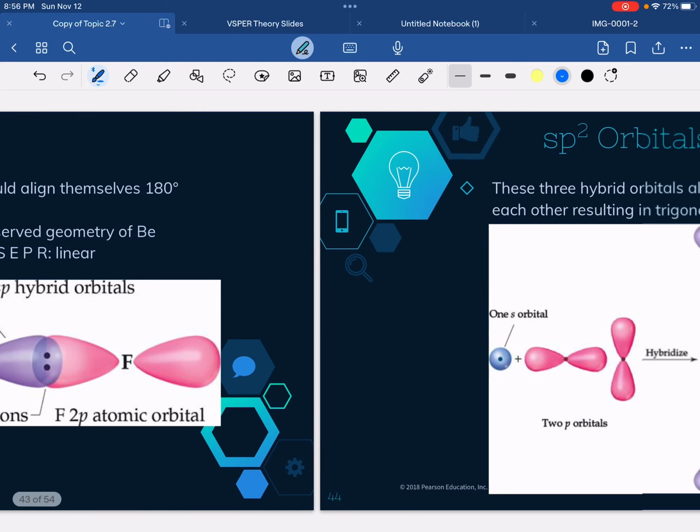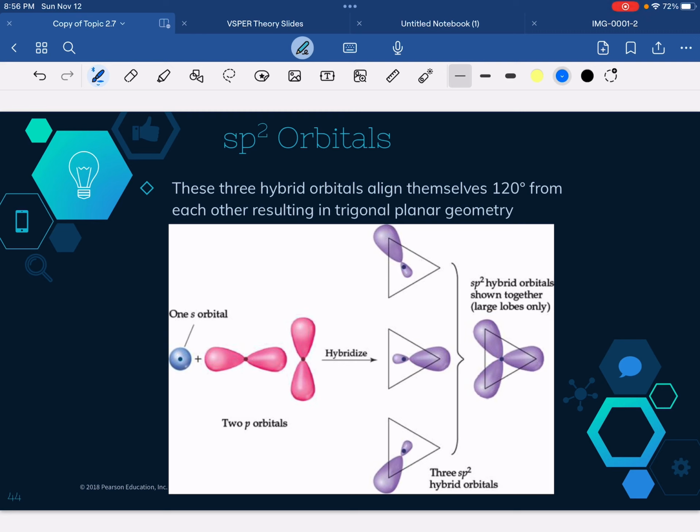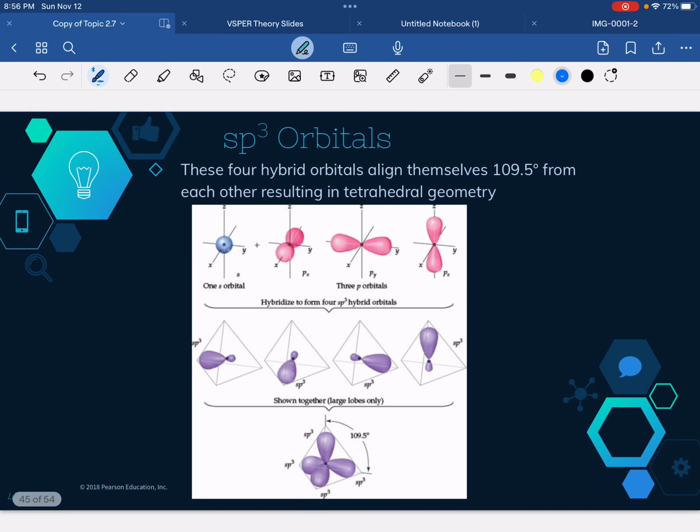sp2, these are three hybrid orbitals that align themselves at 120 degrees from each other, resulting in trigonal planar geometry. sp3 is four hybrid orbitals that align themselves 109.5 degrees away from each other, and it makes a tetrahedral geometry. Again, look at these.